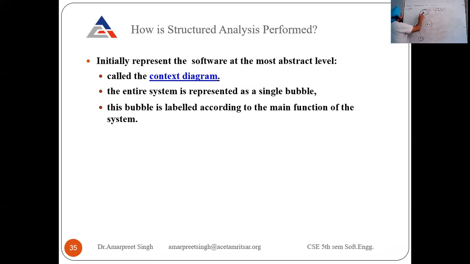Now, numbering is very important in DFD. Here the level will be denoted as 0. In the same level, some more functions are to be represented, like B and C. All of them become part of DFD 0. So DFD at level 0 is known as the context diagram.